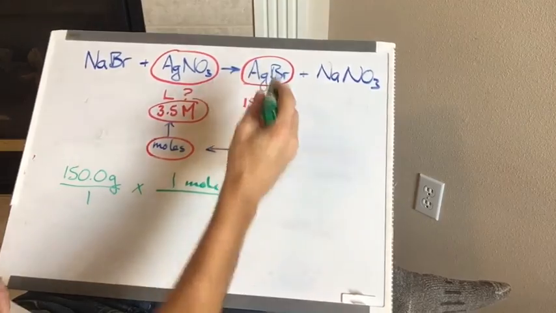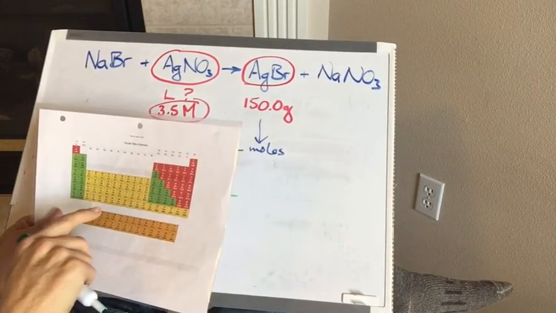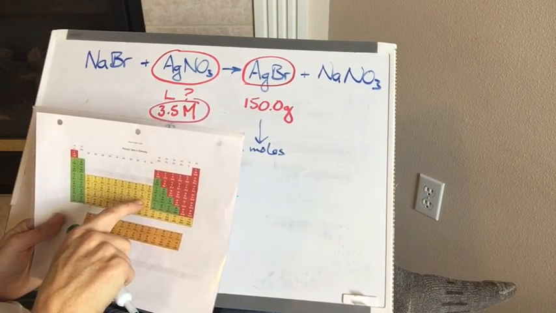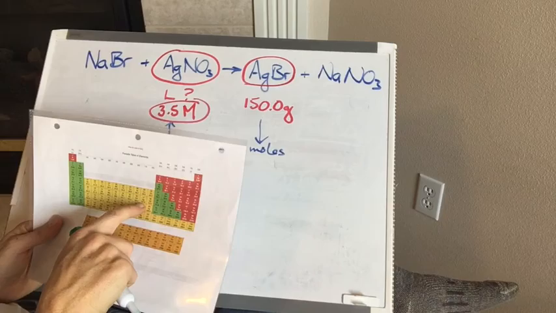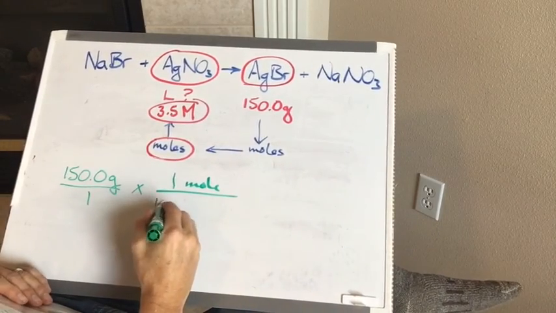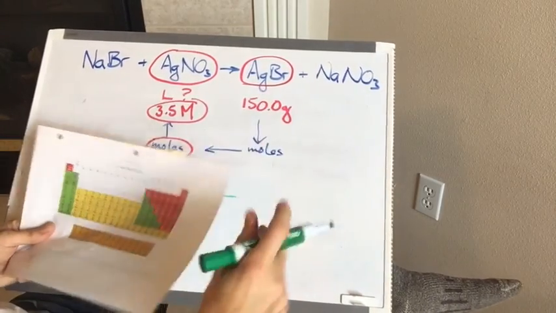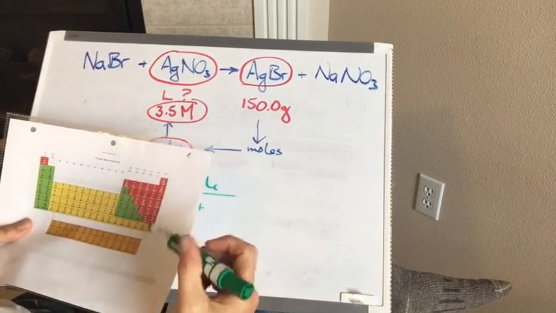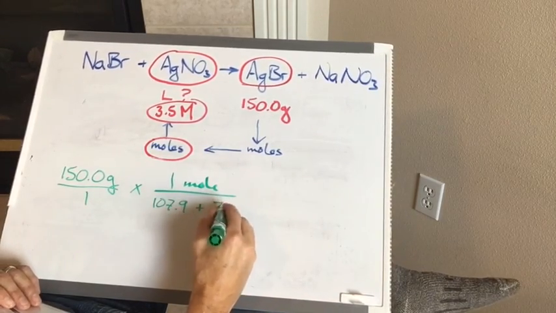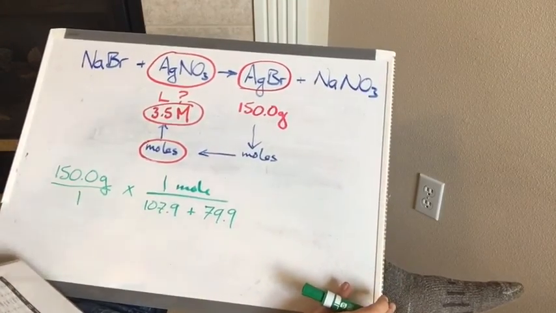We're just talking about silver bromide, so this is fairly simple. Silver, Ag, is 107.9, plus bromine, which is 79.9. We do the math and we'll get a number here.